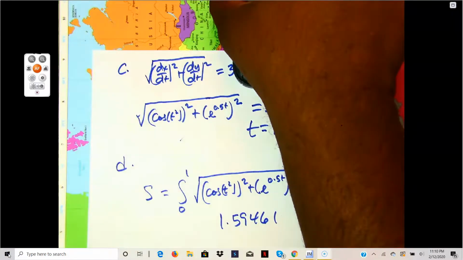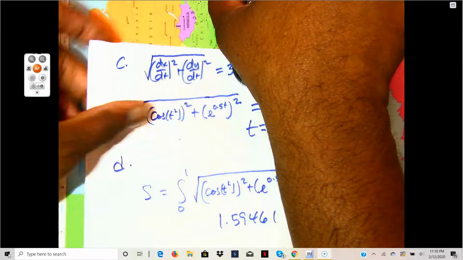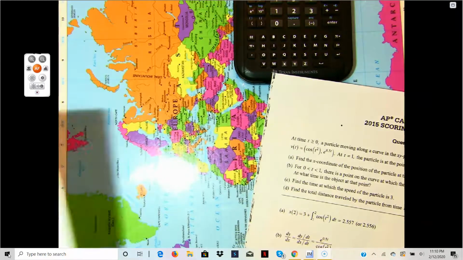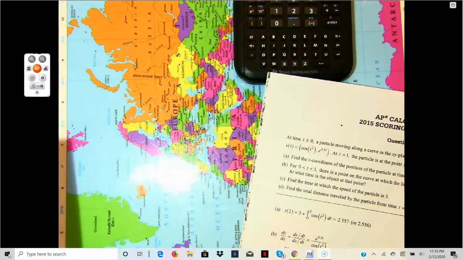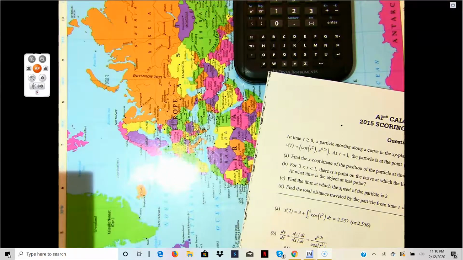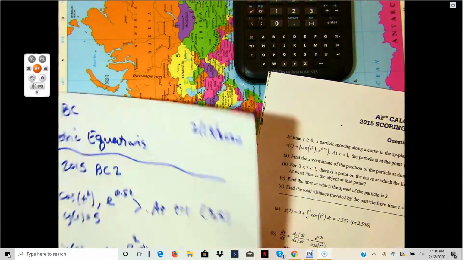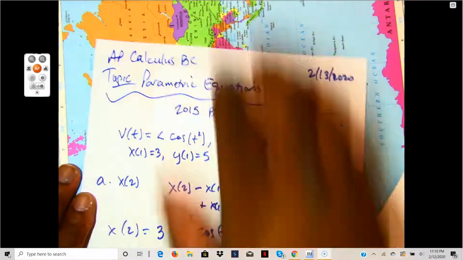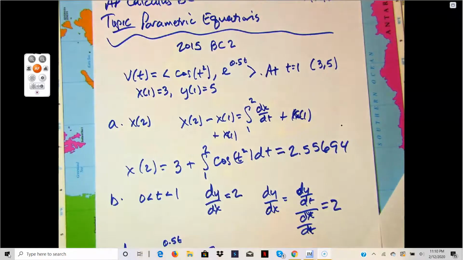Okay, so here is the scoring guideline, your point distribution. For part A, our points are allotted as follows.